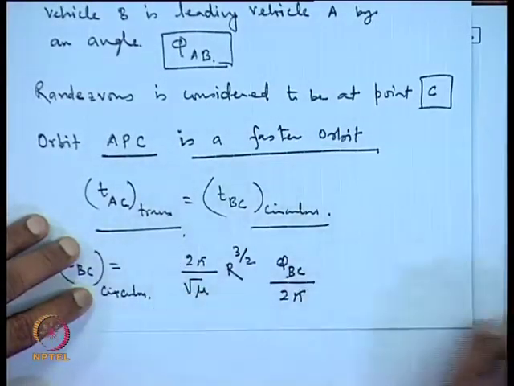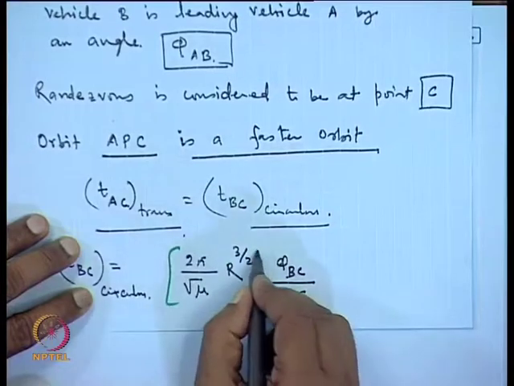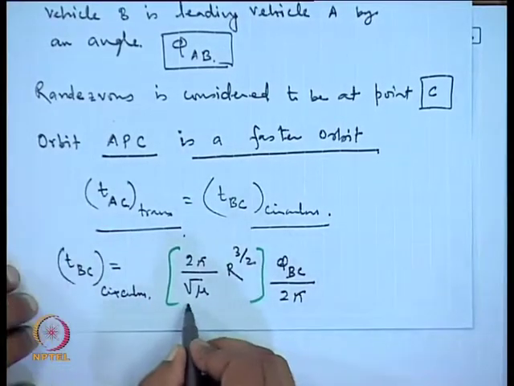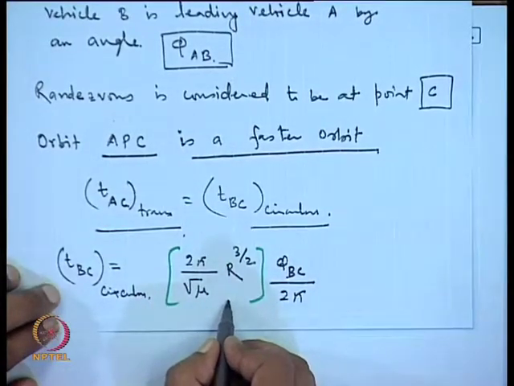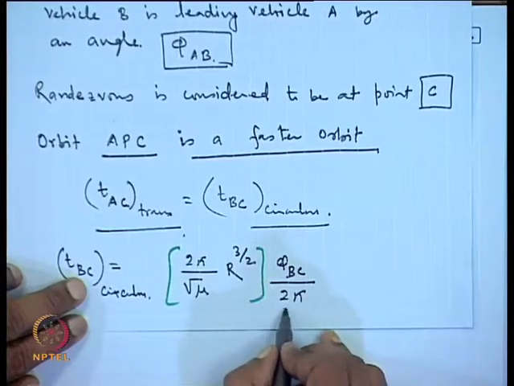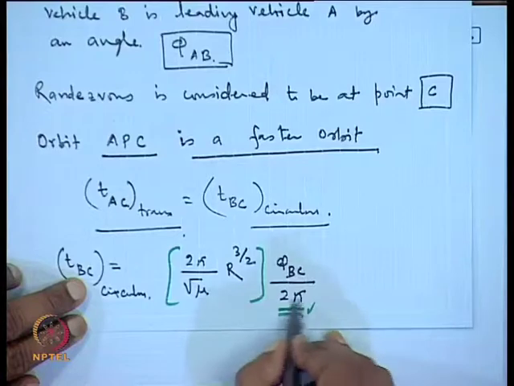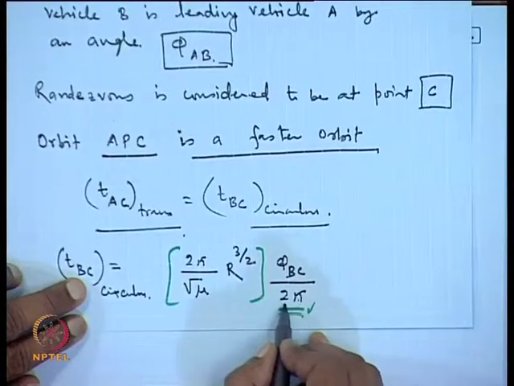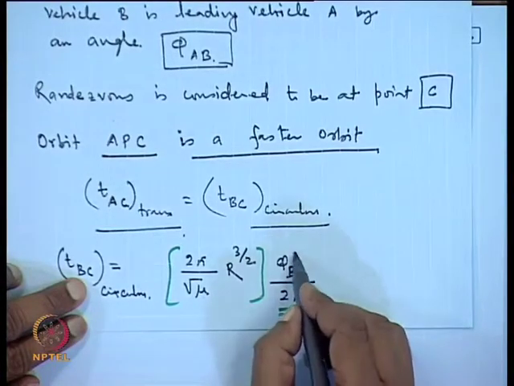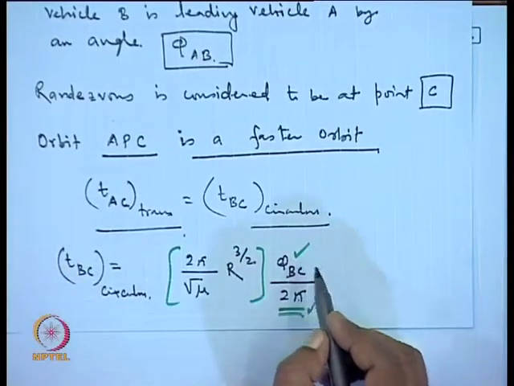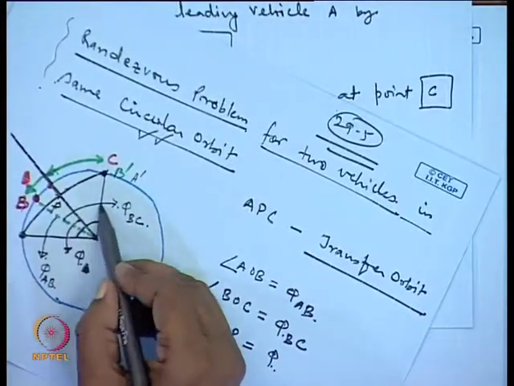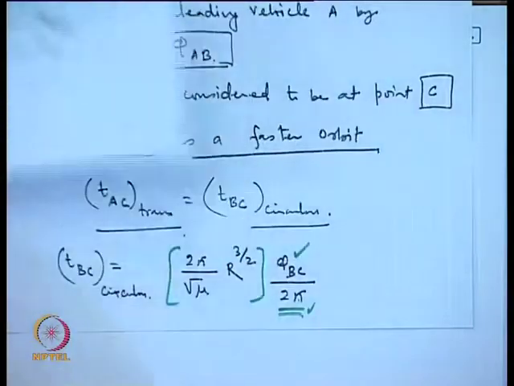So, you can see that this is the time to cover the complete orbit, means 360 degrees, and therefore, this has been divided by 2 pi, which is 360 degrees converted to radians, and then multiplied by the angle phi BC. So, the phi BC is the angle from here to here. Okay.